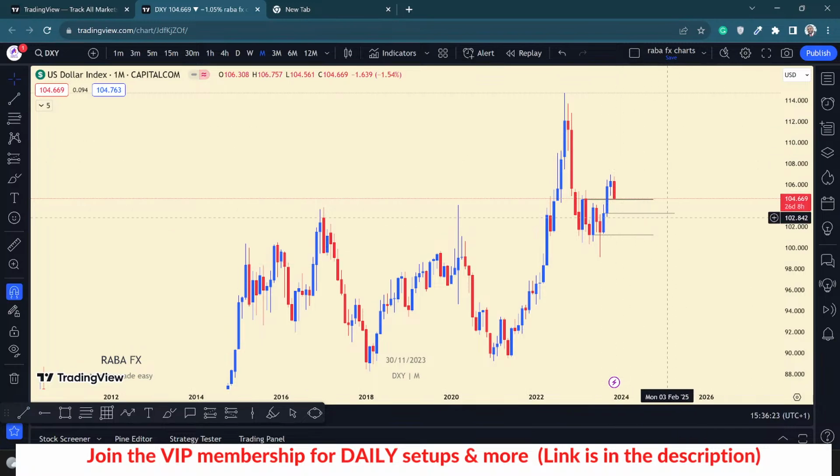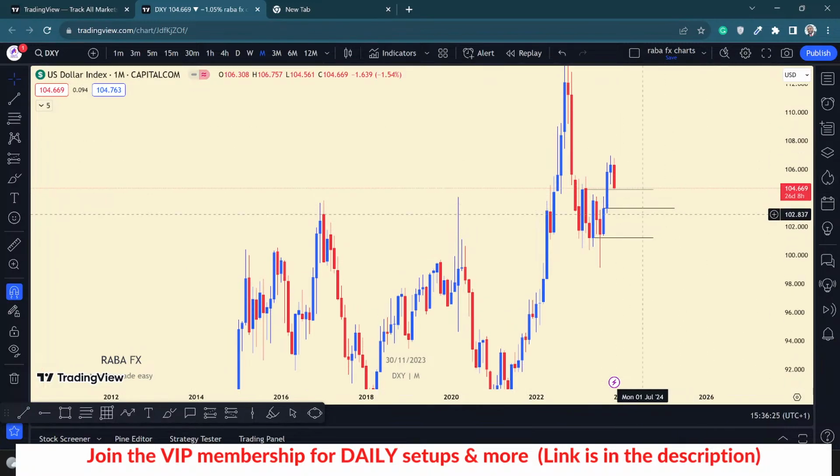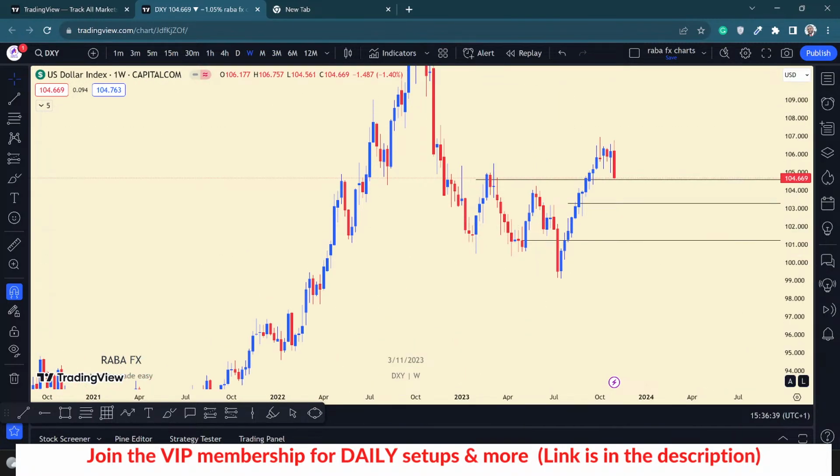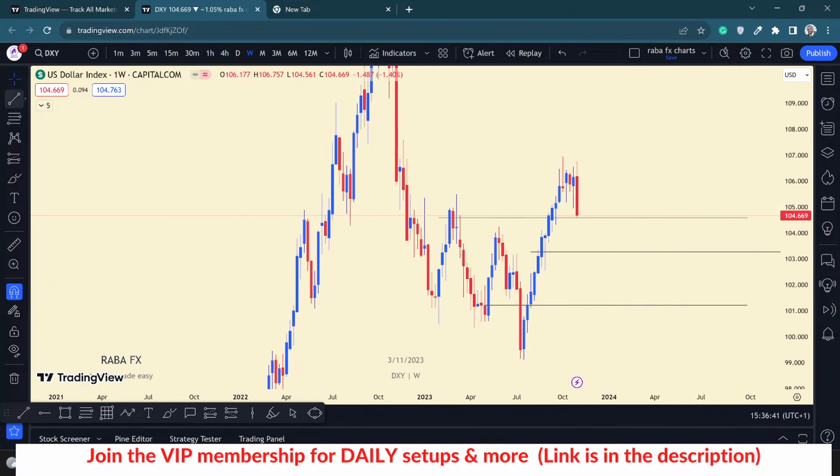Simple. But you know, we don't take trades based on the monthly levels, right? We will have to refine it back down with the story into the daily and 4-hour time frame before we start executing trades.